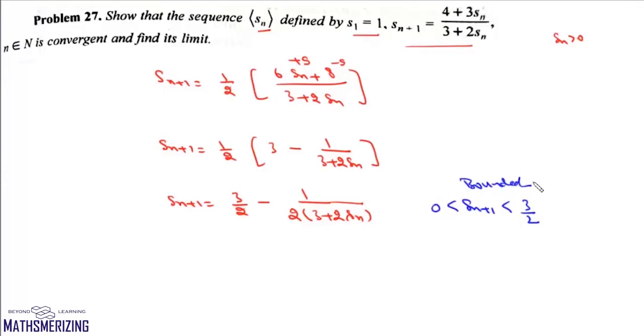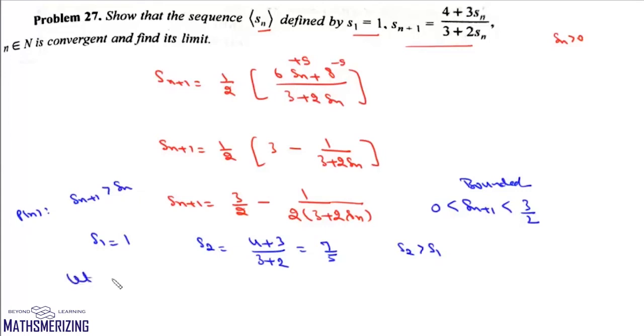Now using induction, we'll prove that this sequence is a monotonic increasing sequence. Now if we write S1, S1 is 1 and S2 will be (4 plus 3) upon (3 plus 2), which is 7 by 5. Here our assertion Pn is Sn plus 1 will be greater than Sn.